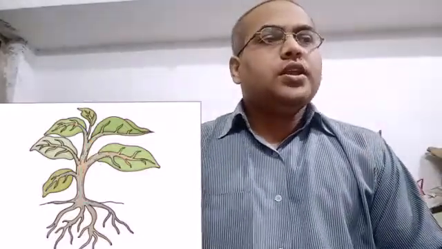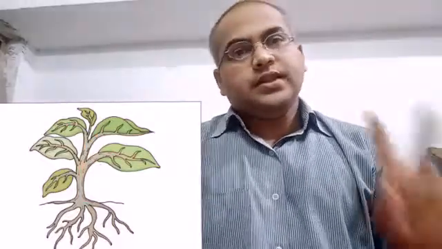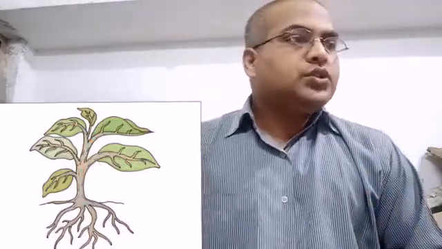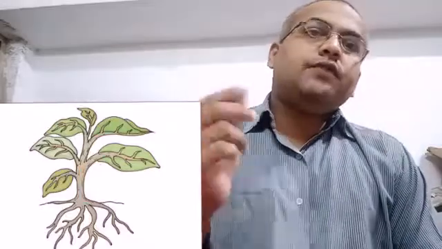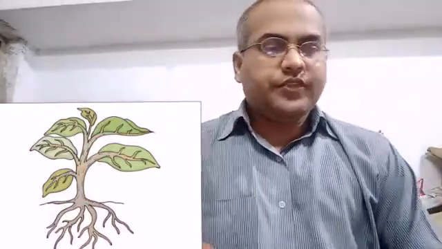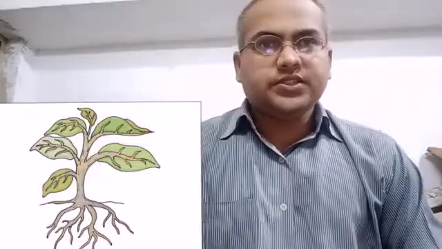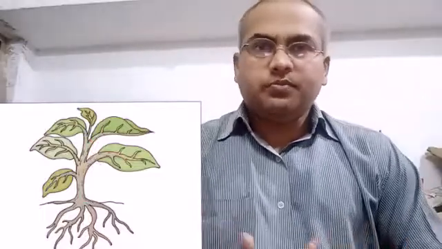Now the leaf is of two types: simple leaf and compound leaf. If you take the leaf of a rose, it is a simple leaf because there is one leaflet. Banyan, simple leaf. Peepal, simple leaf.